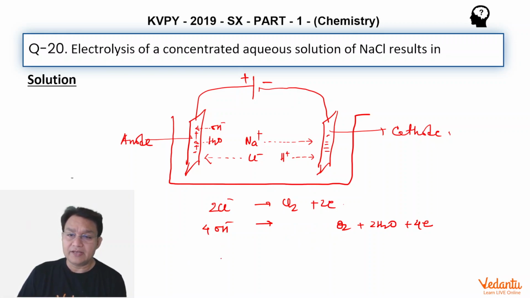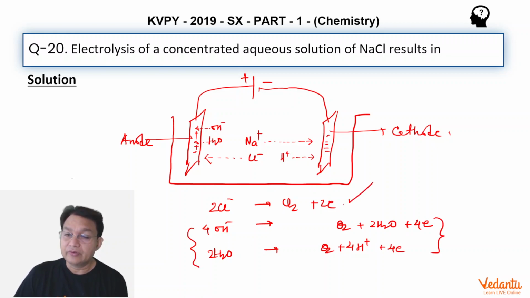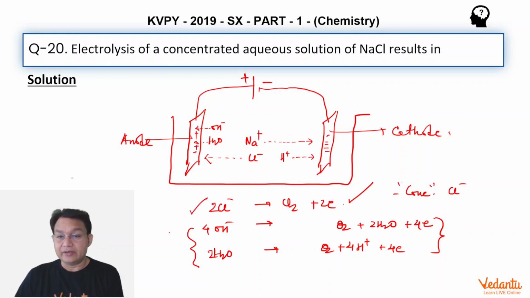A very similar option is water getting oxidized, 2H2O changing into O2 + 4H+ + 4e-. All these are equivalent; I mean, these two processes are almost equivalent. But only Cl- is oxidized because this is a concentrated solution, and it's a factual question that in concentrated solution Cl- is liberated in preference rather than OH- or H2O.